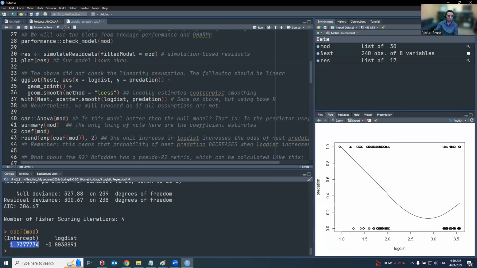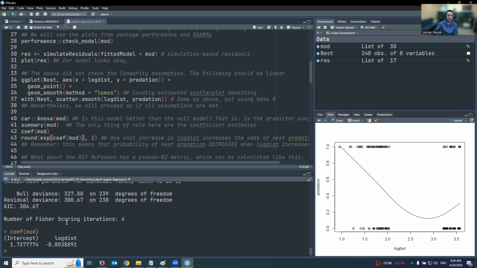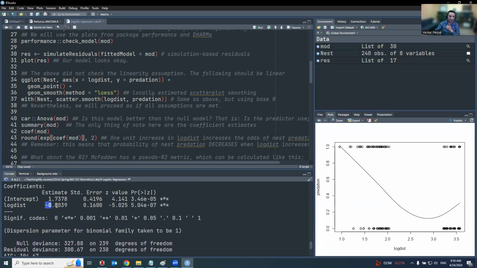So this gives us 1.733 and the slope, and these values are the same as we saw before. But remember, for interpretation, these are the log odds ratios, right? It is often better to look at odds ratios.